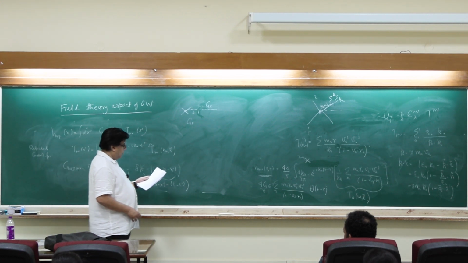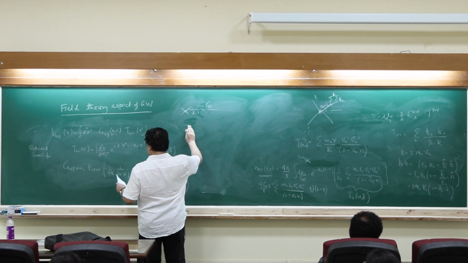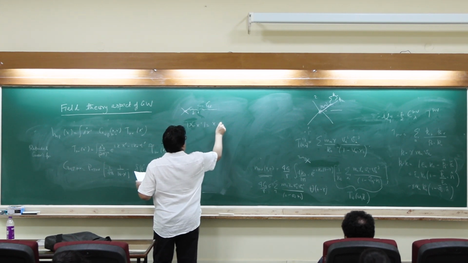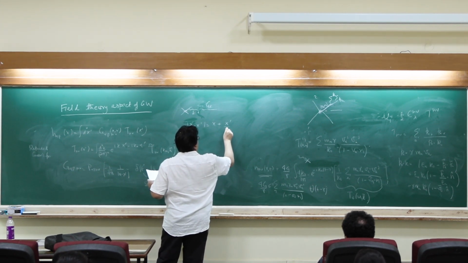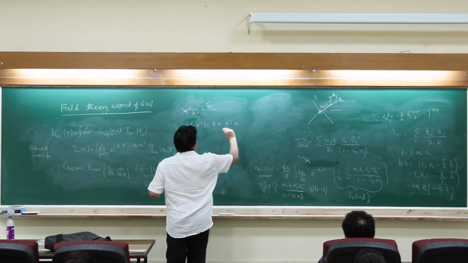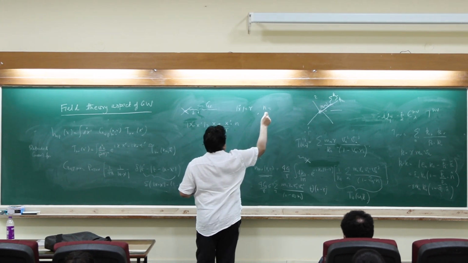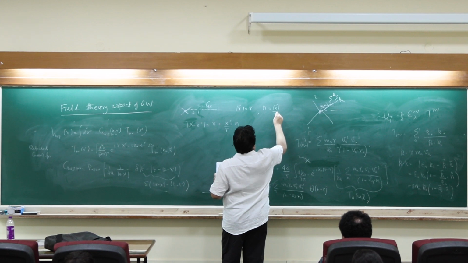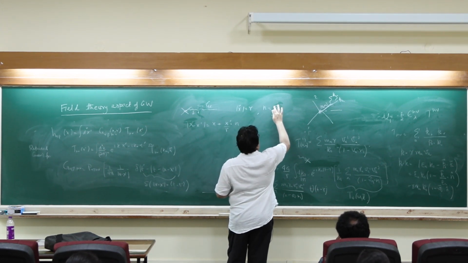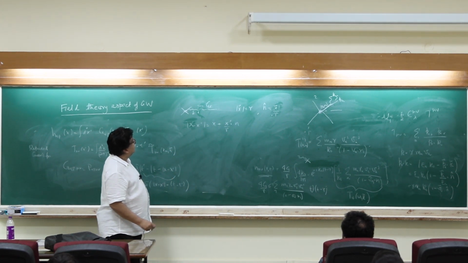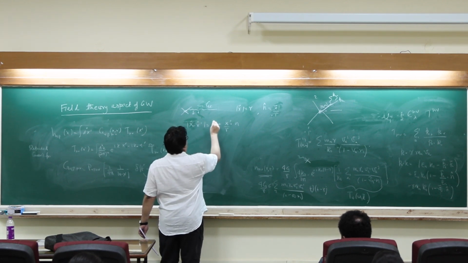And then one more thing I need to do: I want to write the scalar part of the thing, x minus x prime, as x plus x prime by r dot n, where, sorry, the other way. So this is the direction of the source. These are three vectors.